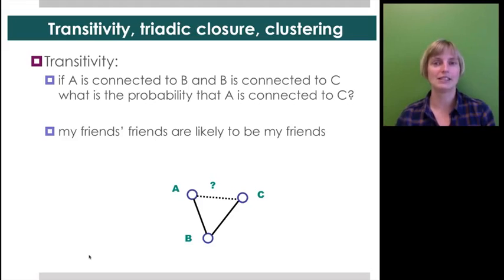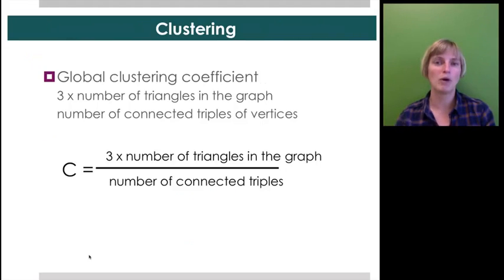extent clustering is present. One way to measure it is with the global clustering coefficient, which is going to pit the number of closed triangles against all connected triplets. So if you have a closed triangle, it actually generates three separate connected triplets, and hence the factor of 3 in the numerator as well.